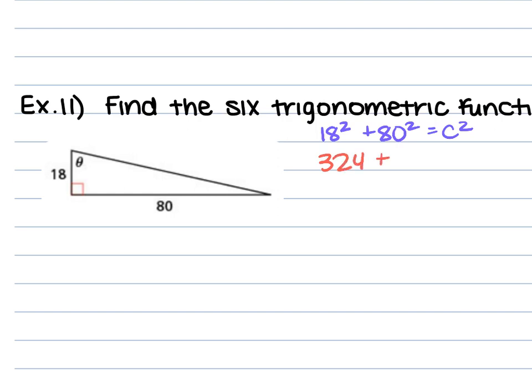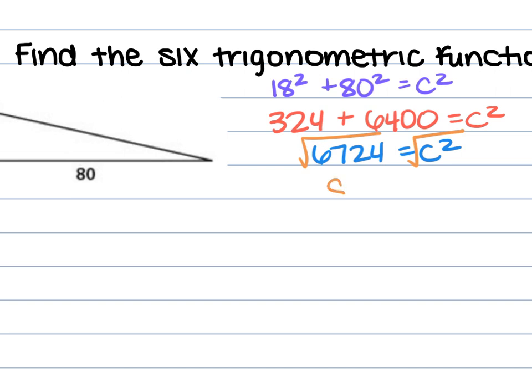The 80 squared is 6,400. We're going to add those two to give us 6,724 is equal to c squared. We take the square root of both sides. We get that the square root of 6,724 is 82, and 82 is equal to c.